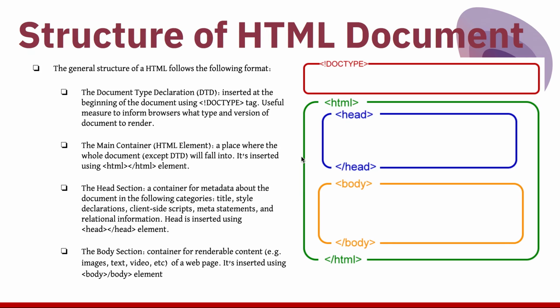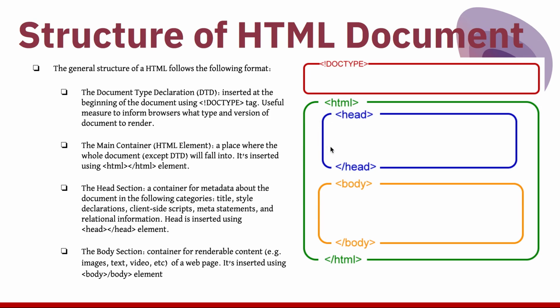Now because it says the whole document will fall in there, what it means is that anything that comes after the HTML element actually goes inside the HTML. So you have the head, which is in the blue rectangle, inside the green.